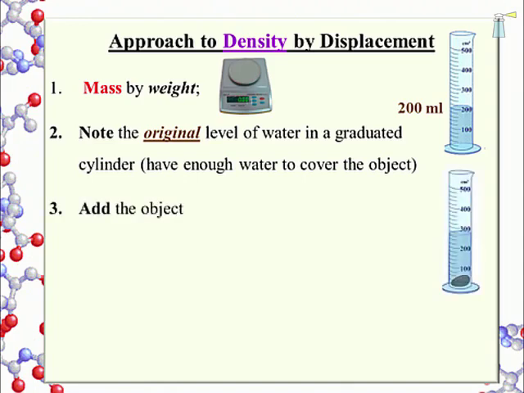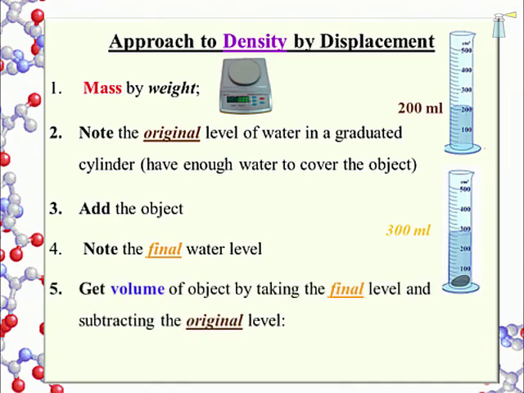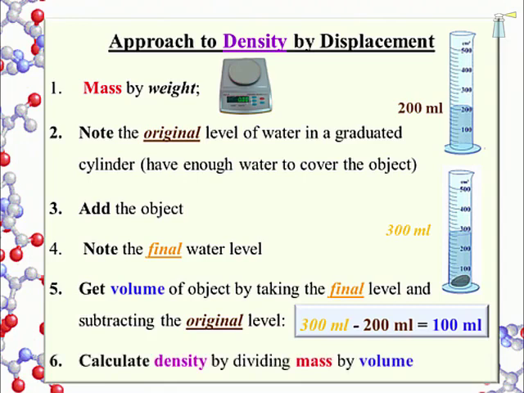After that, add the object. Note the final water level. Once those values are obtained, get the volume of the object by taking the final level and subtracting the original level. And finally, calculate density by dividing the mass by the displaced volume. Overall, quite similar to density by dimension.